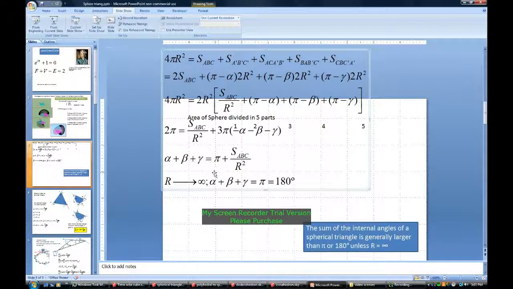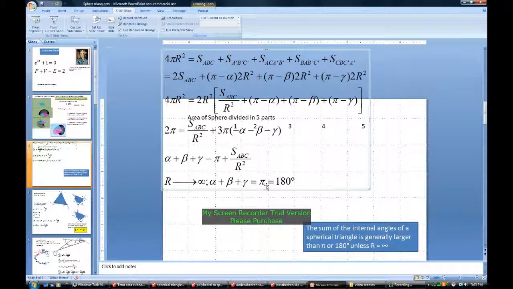Now let's look at what happens if r goes to infinity. In other words, the radius of the sphere is infinite. Then the surface becomes perfectly flat. There's no difference between a plane and a sphere with an infinite radius. And then SABC for a finite triangle goes to 0, and alpha plus beta plus gamma equals just pi, or 180 degrees. So that's Euclidean geometry.